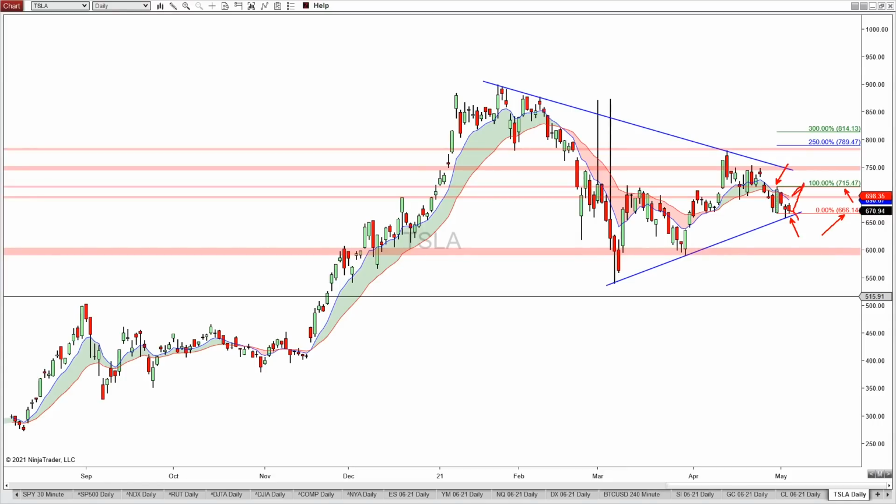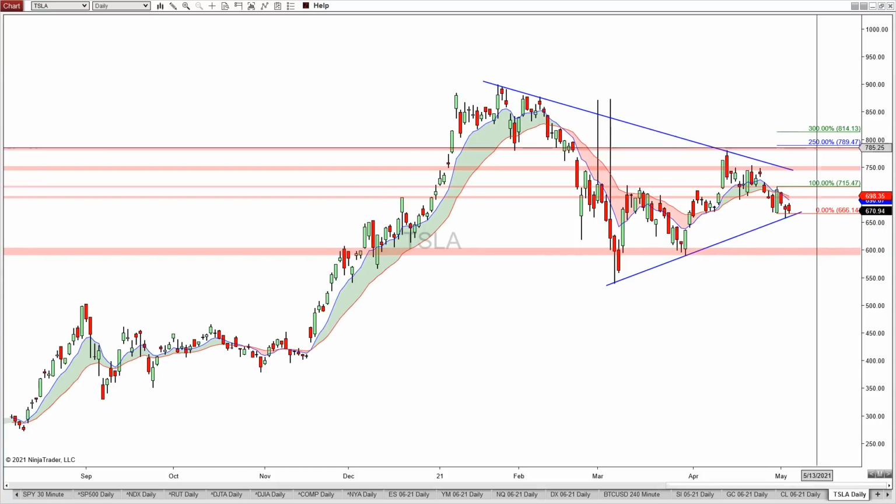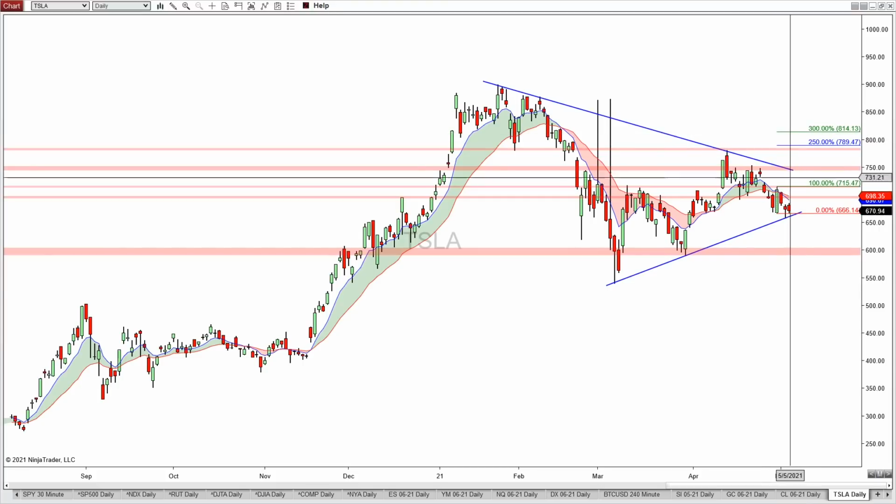If it doesn't, if it breaks below this trend line, I'd be looking for a flush to come down to near the 600 level here. So for now, this trade is no longer on the table.